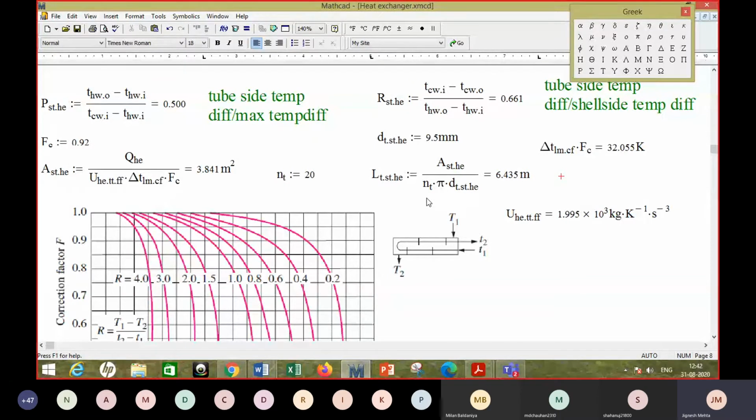Now you have to check how it fits, what should be the pitch, the lateral pitch and the longitudinal pitch or the diagonal pitch, and how you can arrange the tubes. So what should be the shell diameter, right?